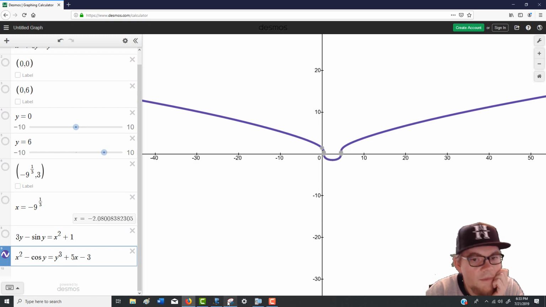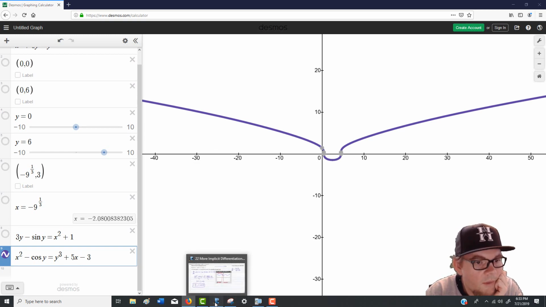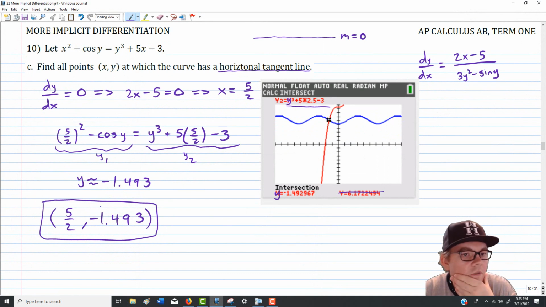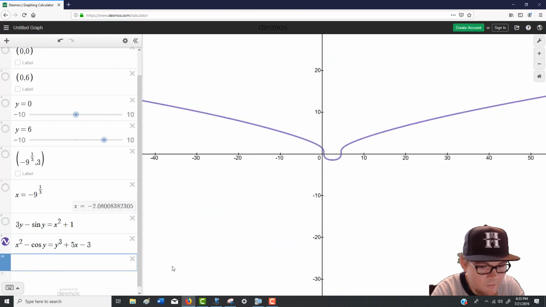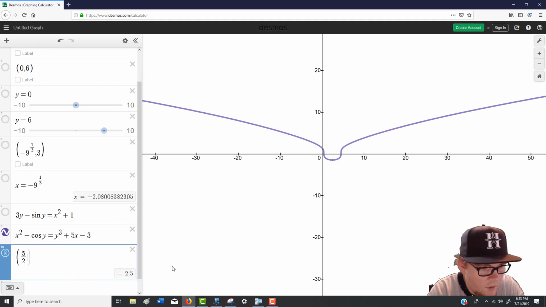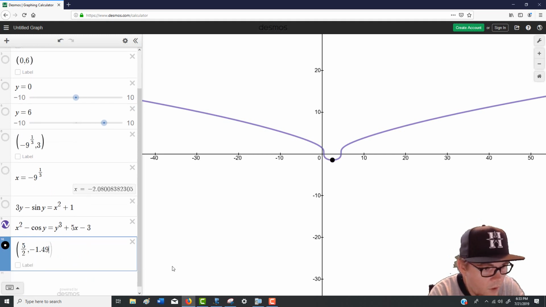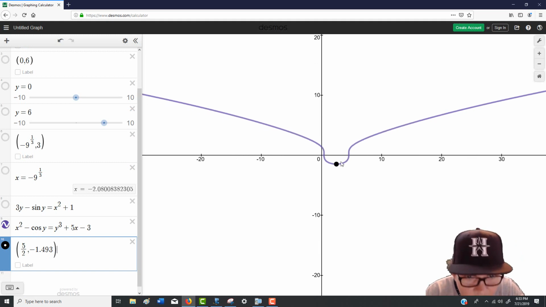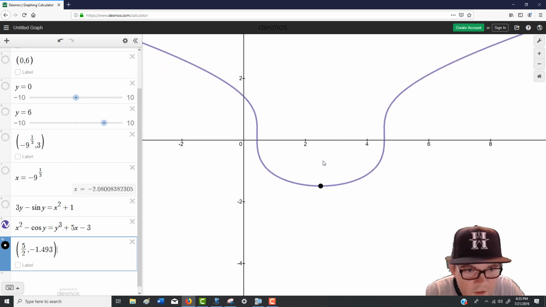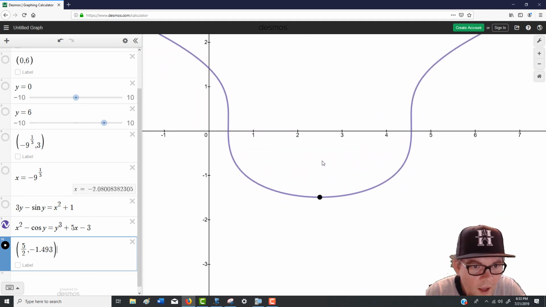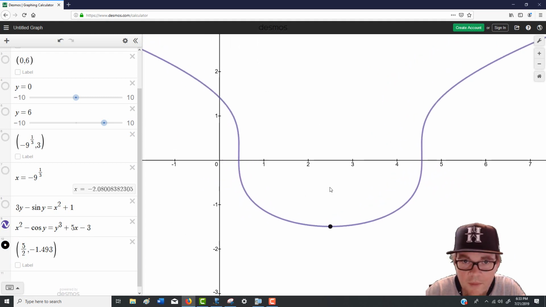Let's see what actually happens here. Maybe some of these points aren't actually there, or maybe it's just really hard to see. So for instance, horizontal tangent line, we have 5 halves, comma, -1.493. Does that look pretty good? Oh yes, that looks pretty good.